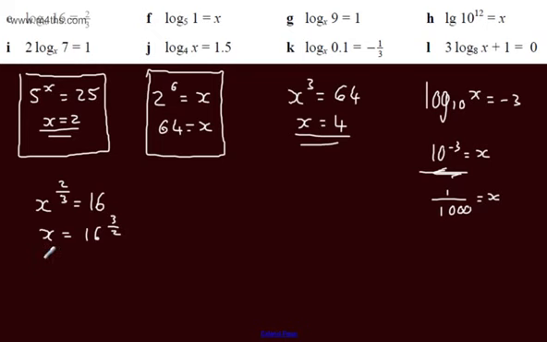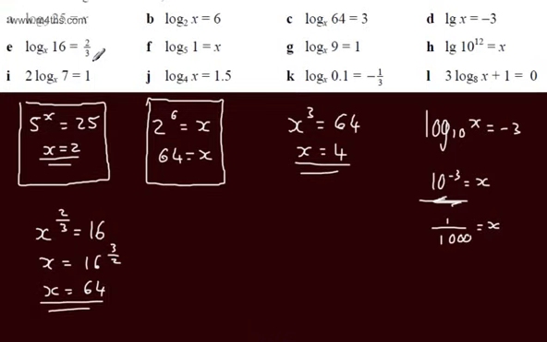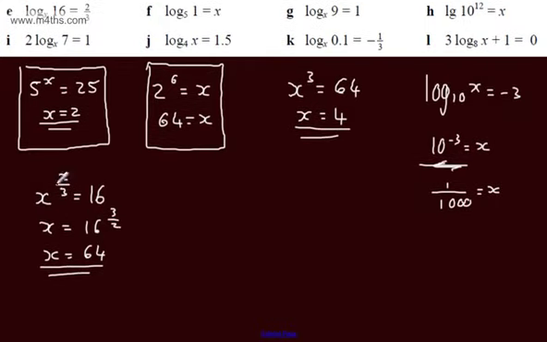That's going to give me 64. So we end up with 64. Let's just check that that makes sense. If I put 64 in and I take the cube root, that's going to be 4, I square 4 and I get 16. All I've done here is simply, and I'll rewrite it here, x to the power of 2 over 3 raised to the power of 3 over 2 will be equal to 16 to the power of 3 over 2.